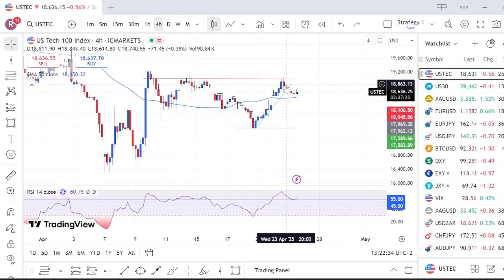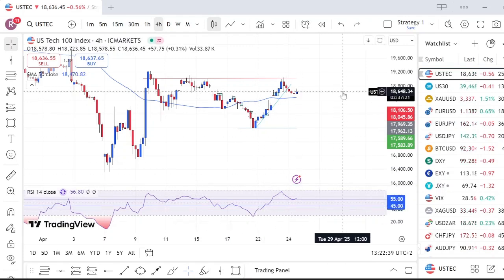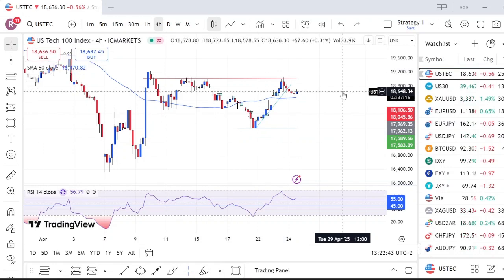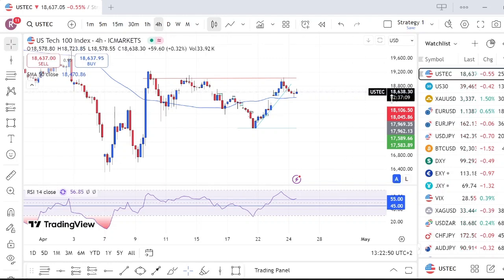Price is trading above the 50 SMA at the moment, and we are in the bullish territory of the RSI. So all in all, confluences point towards the bulls still having control of this market from a 4-hour perspective.